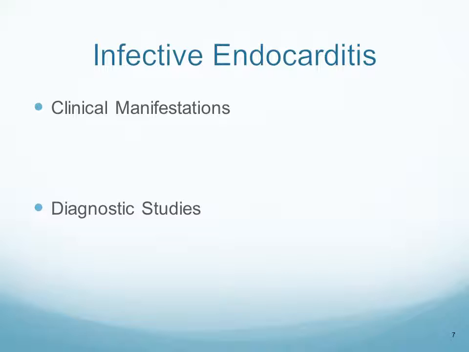You know, normal white count is 5 to 10. It might be like 11,000 or 12,000, something like that. The sedimentation rate, your SED rate, will be elevated. C-reactive protein, indicating that there is an inflammatory response going on, is going to be elevated.